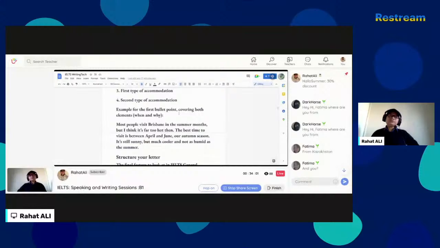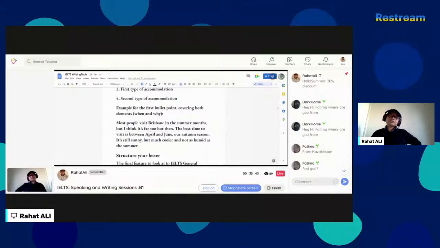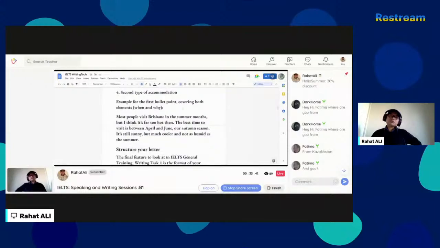Let's move on. So, example for the first bullet point covering both elements, when and why. If you live in Australia, the example is from an Australian perspective. Most people visit Brisbane in the summer months, but I think it's far too hot then. The best time to visit is between April and June, our autumn season.